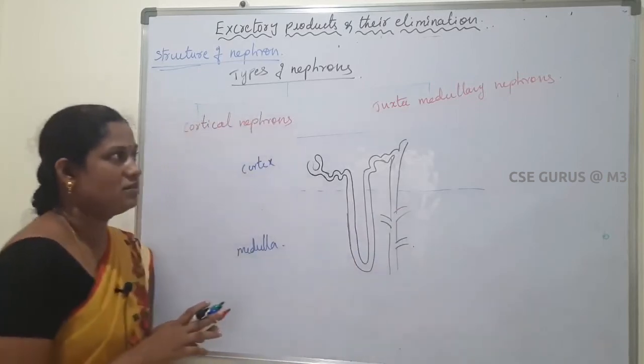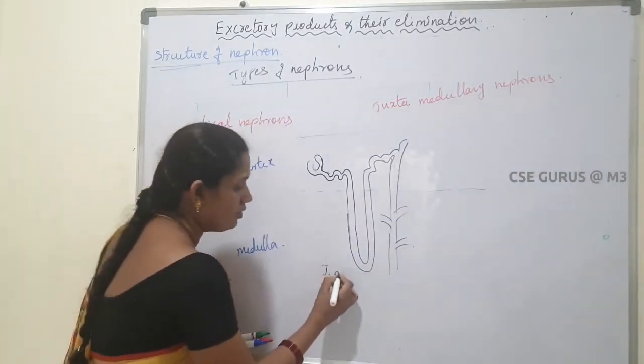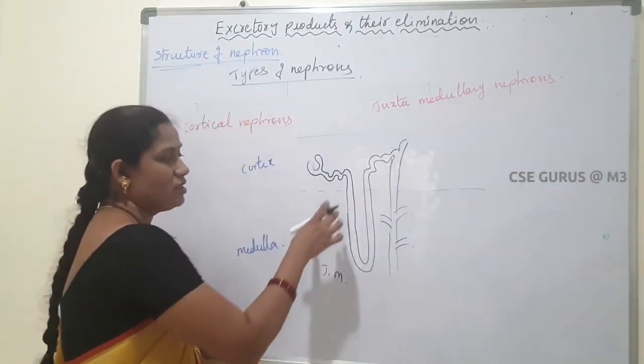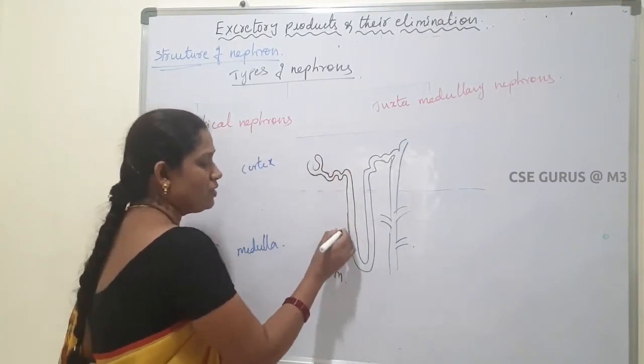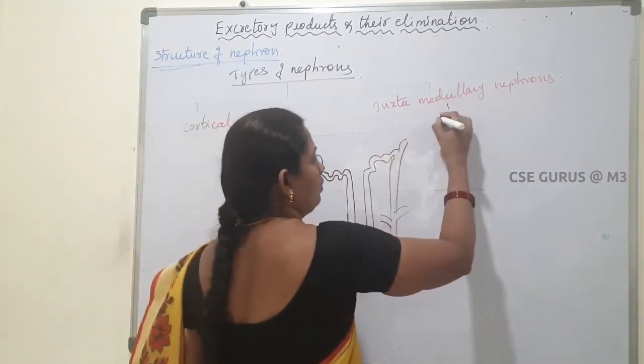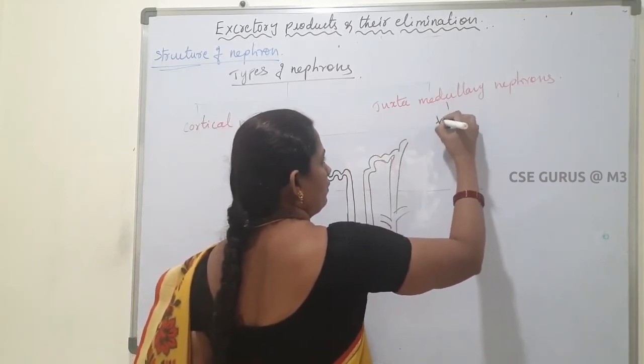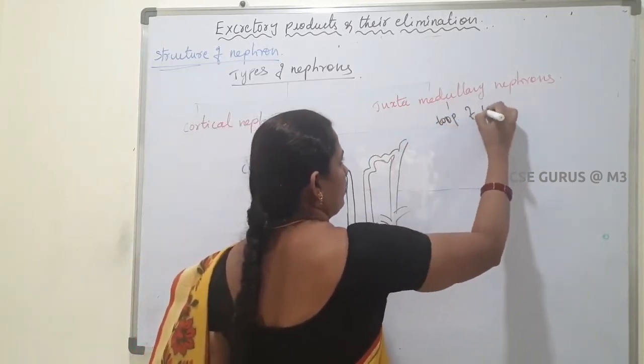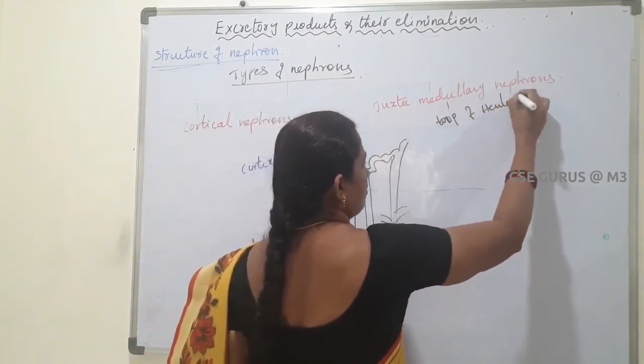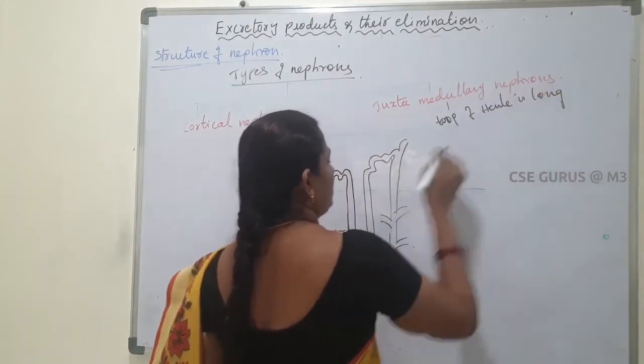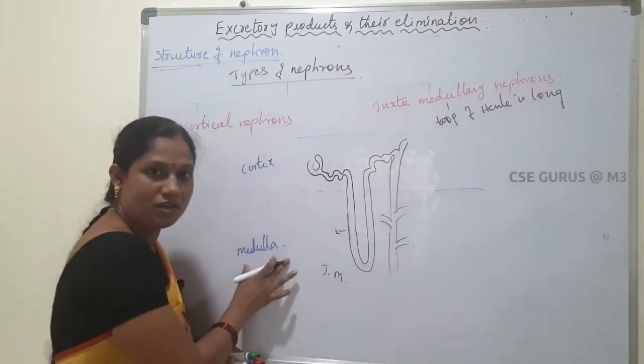This is the juxtamedullary nephron, which means the Henle loop is very long and extends into the medulla region.